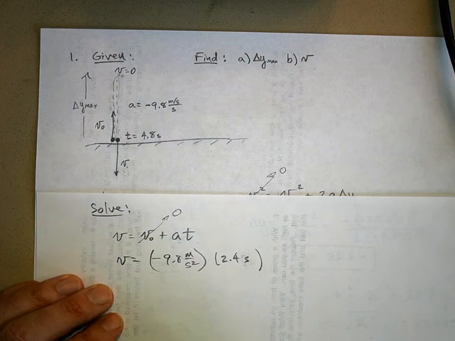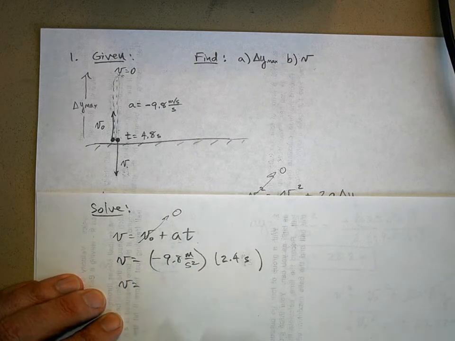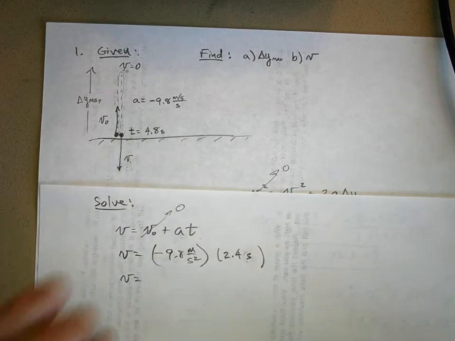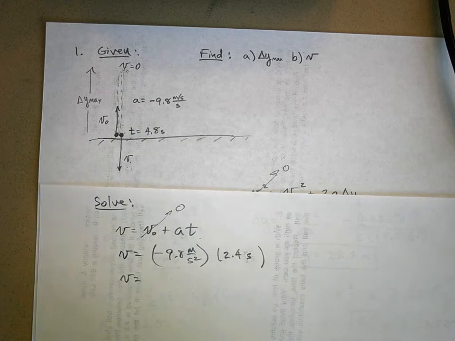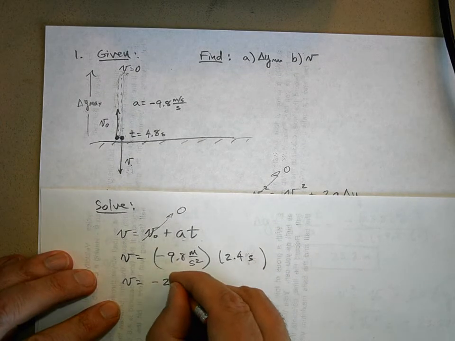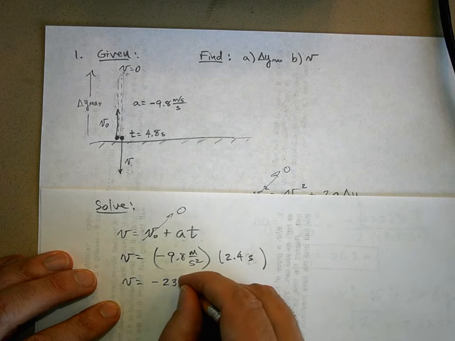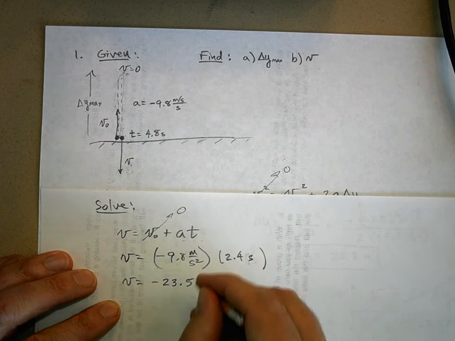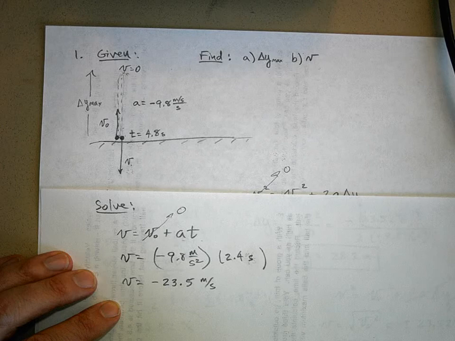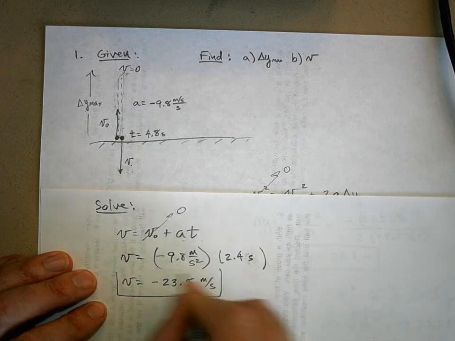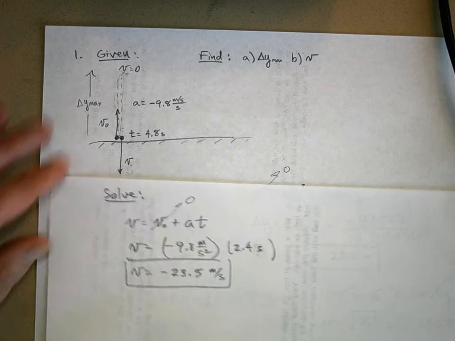Now, somebody tell me, what is negative 9.8 meters per second squared times 2.4 seconds? Negative 23.5 meters per second. Does that match what I got before?